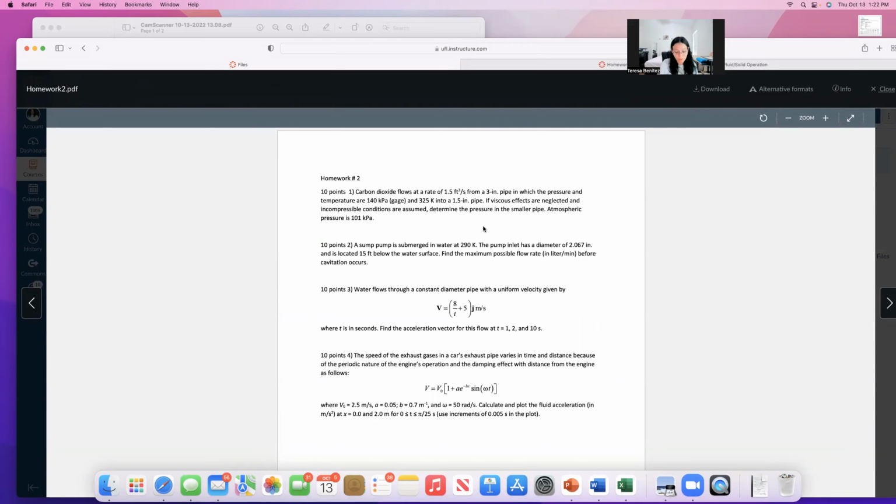I want to make sure that the 238.45 kilopascals that my dad has in his solution is absolute. If that is absolute, then if I subtract 101 kilopascals, I will get gauge, and then she would have it correct. So V1 squared, 9.314 squared minus V2 squared.